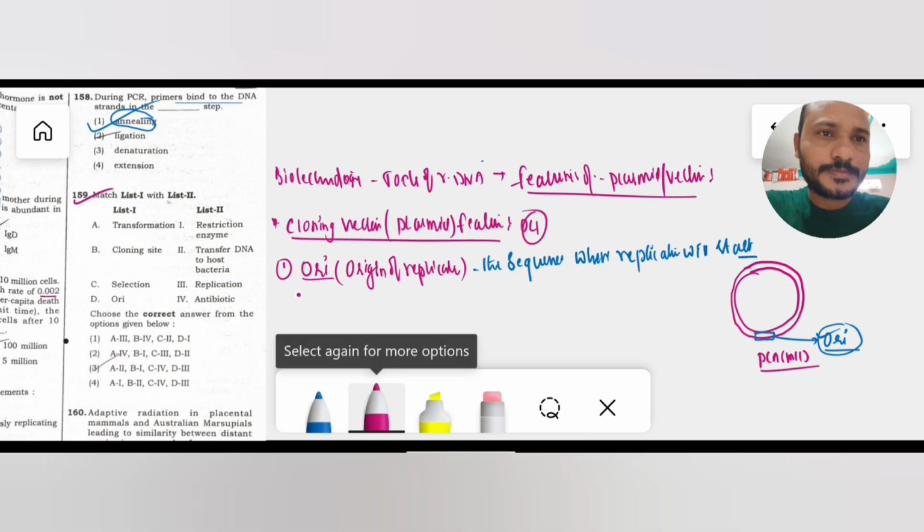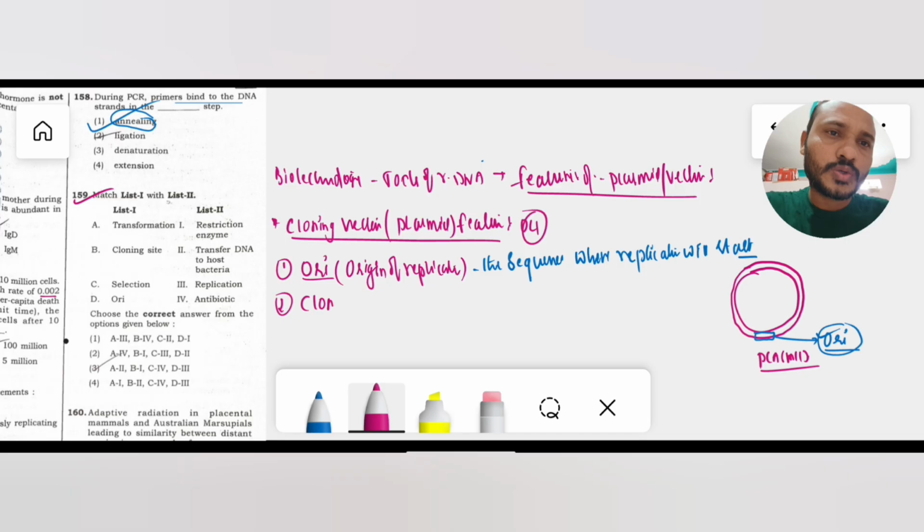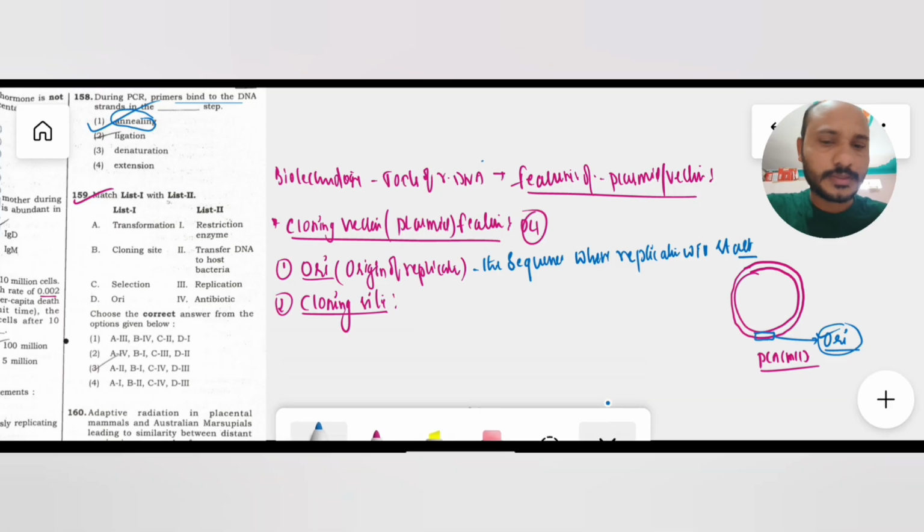Now the plasmid also has one more important feature, that is cloning sites, a very important site. Generally a plasmid has a number of such sites. What exactly does cloning site mean? The sites are present in various places, and all these are cloning sites for different restriction enzymes.